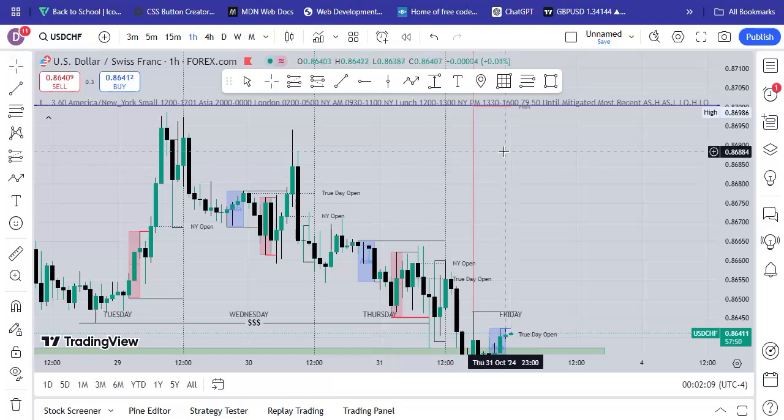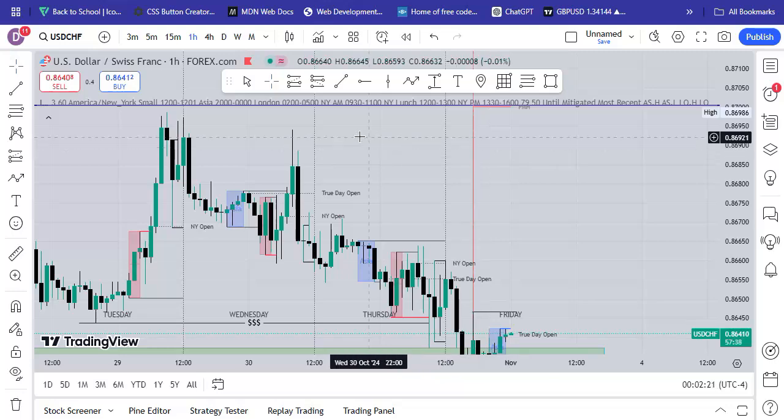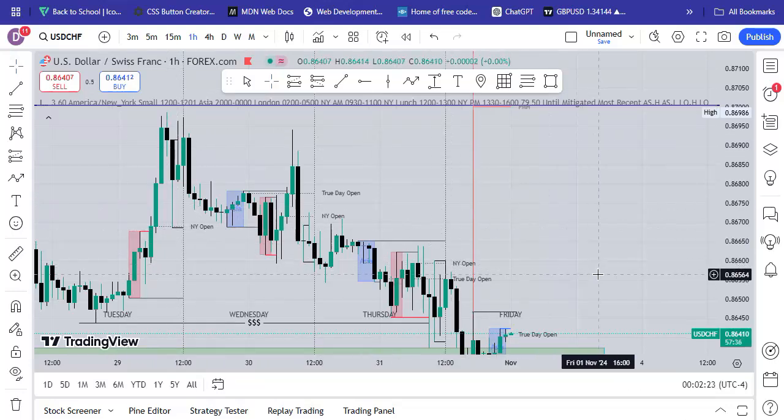So for my trades today, I'm going to be looking at opportunities to be buying US dollar, in fact any pair. I'm going to be buying US dollar against Swiss franc and US dollar against Canadian dollar, while on foreign currencies like GBP USD, I'm going to be selling.